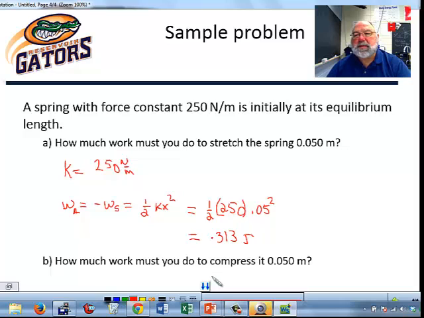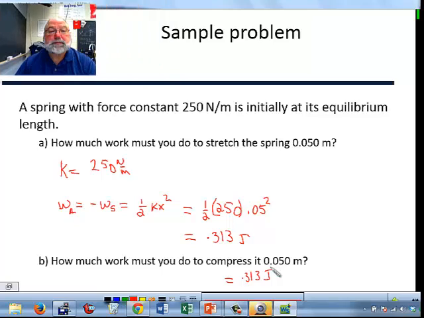Well, springs are linear. They take just as much work to compress them as they do to stretch them. So you are still doing positive work because you're pushing on the spring and the spring is moving in the direction that you're pushing. So it's still equal to 0.313 joules.